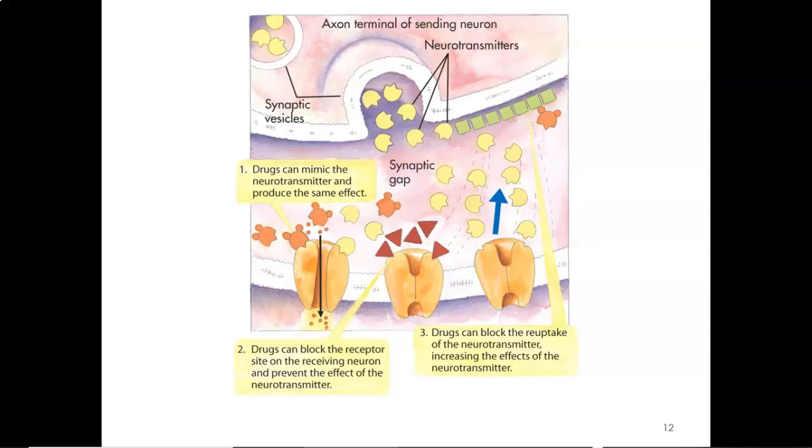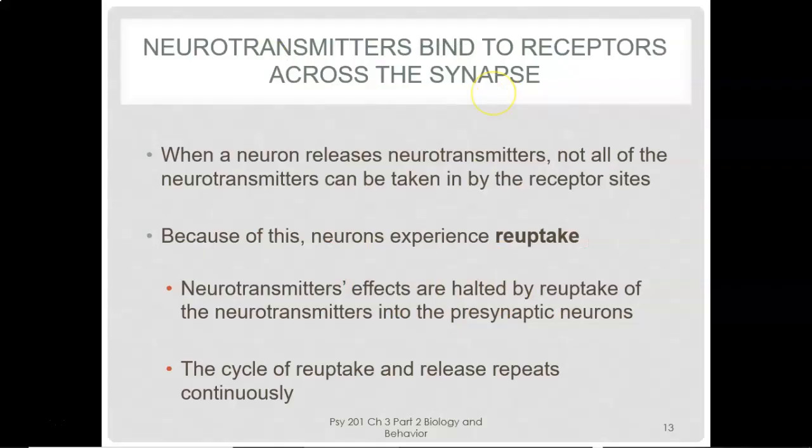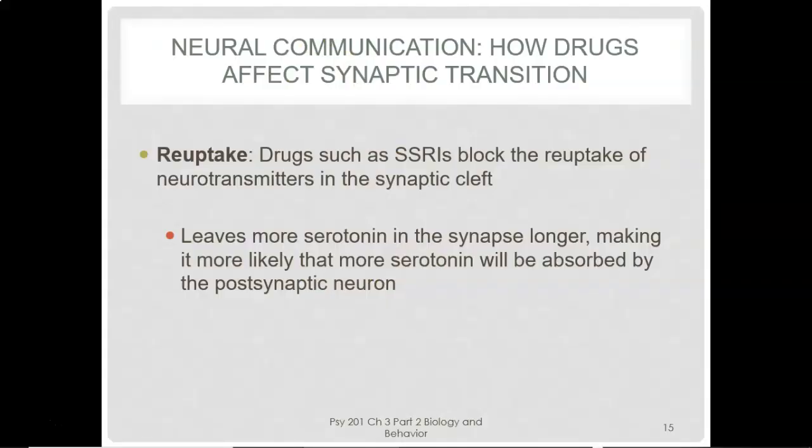Now this is important when we use drugs that block reuptake. Using the example of SSRIs, this leaves serotonin in the synapse longer, making it more likely that serotonin will be absorbed by the postsynaptic neuron.